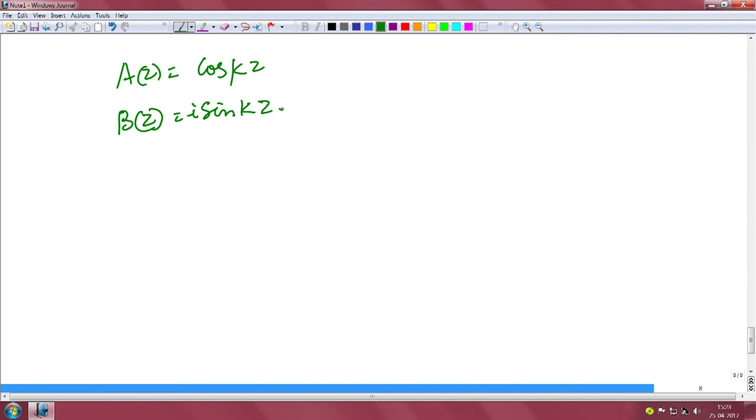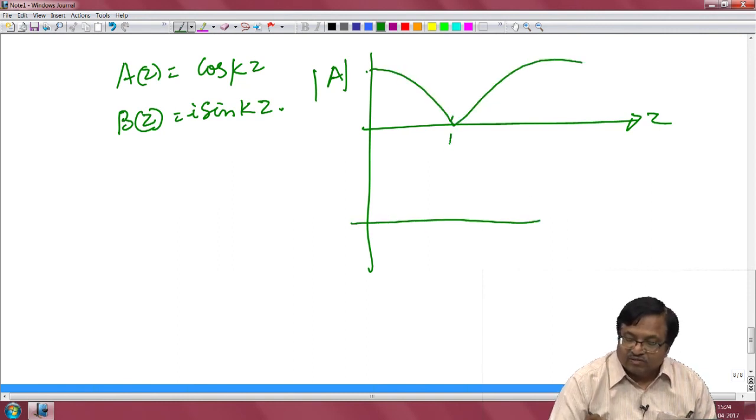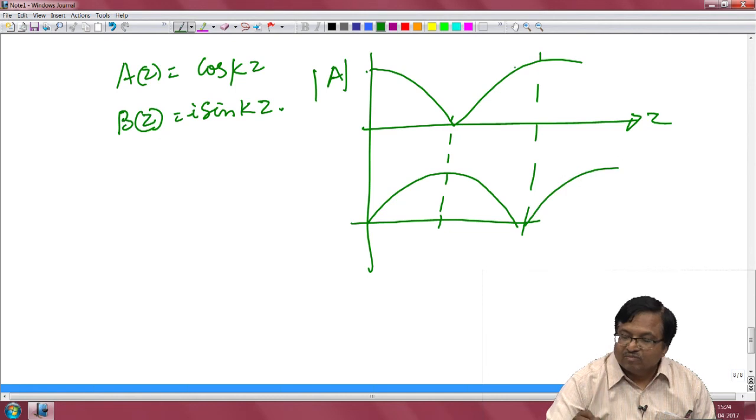I will plot the amplitudes to see what happens. Let me say this is the z propagation direction, and here are the amplitudes on this side. This is going as a cos. I will put only the magnitudes to illustrate. And this goes as a sine, and so on.